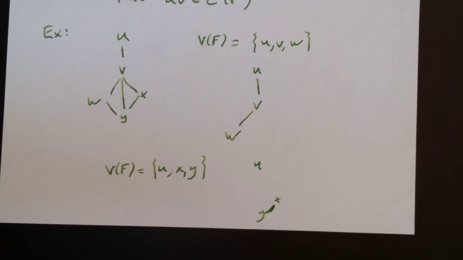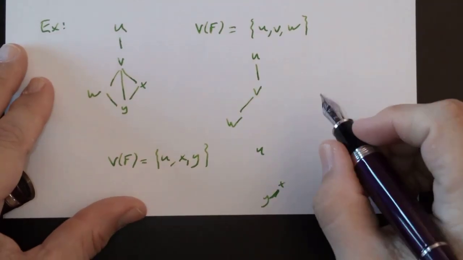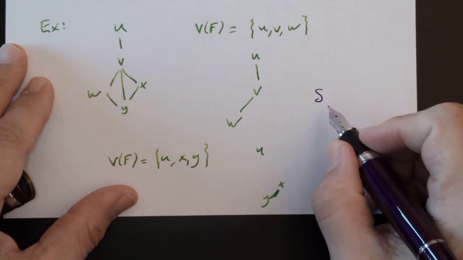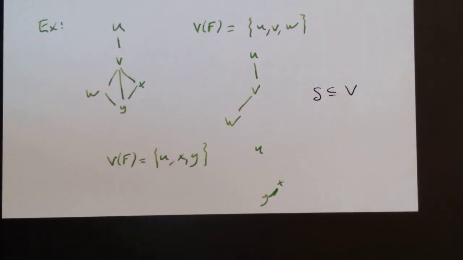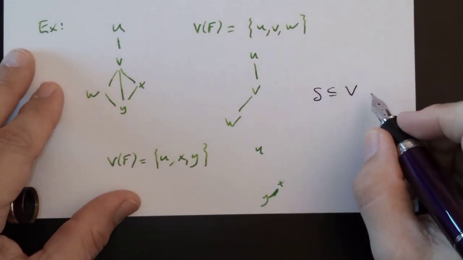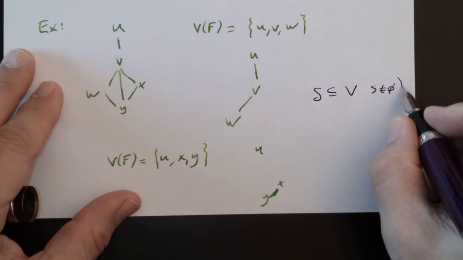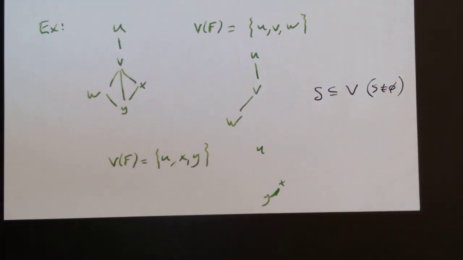We picked the vertices, we then decided which edges we were going to keep as a result. If you have any subset of the vertices, then you can create a subgraph induced by that set, as long as it's not 0. Because the empty set doesn't have any vertices in it. You have to have vertices to have a graph.